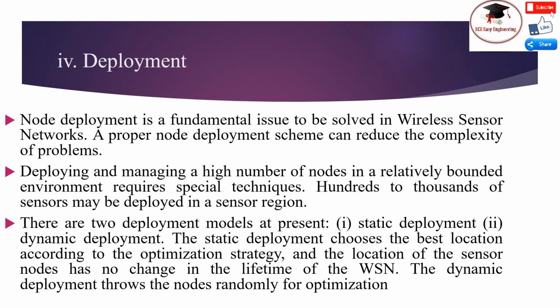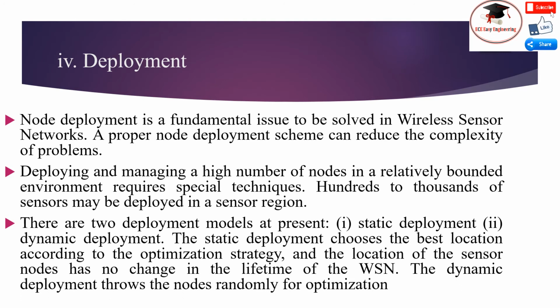Fourth is the deployment. Node deployment is a fundamental issue to be solved in WSN. A proper node deployment scheme can reduce the complexity of problems. Deploying and managing a high number of nodes in a relatively bounded environment requires special techniques. Hundreds to thousands of sensors may be deployed in a sensor region.